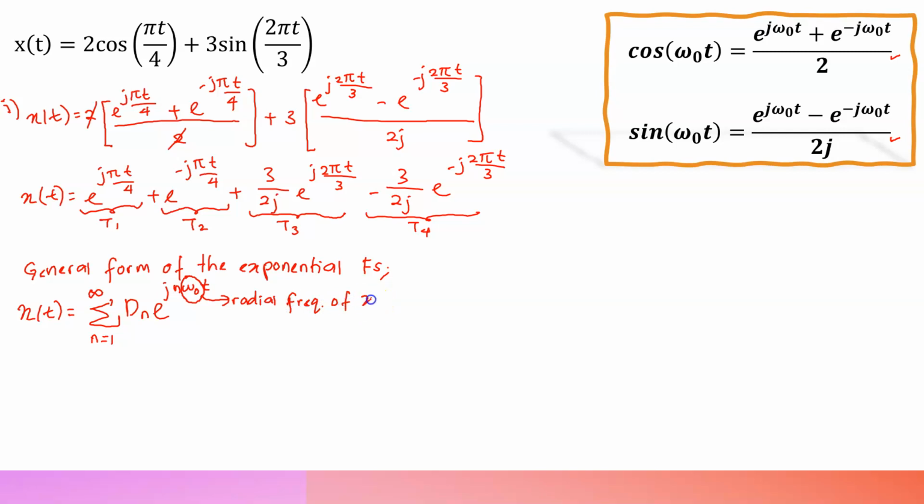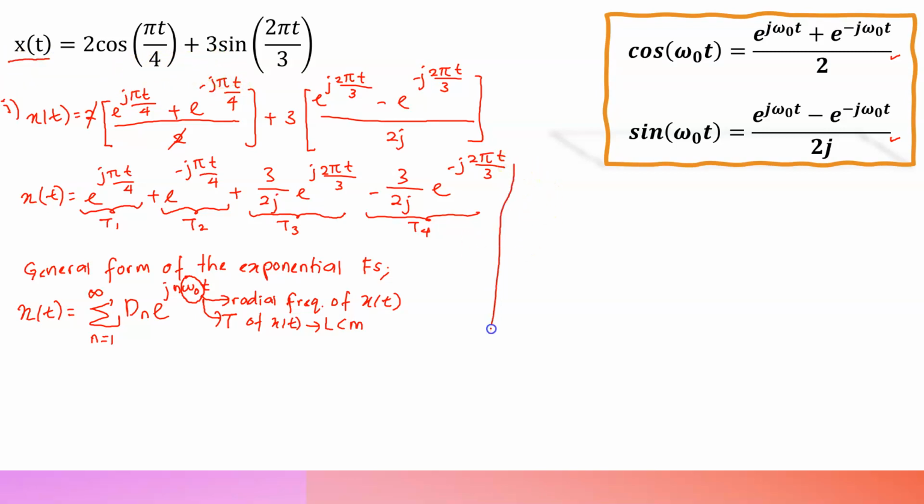In order to find the radial frequency of x(t), first we have to determine the period T of x(t). We can do this using the least common multiple method, because x(t) here consists of the summation of two periodic signals, the cos and the sine signal.